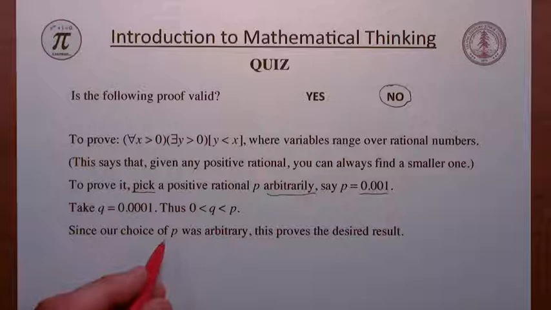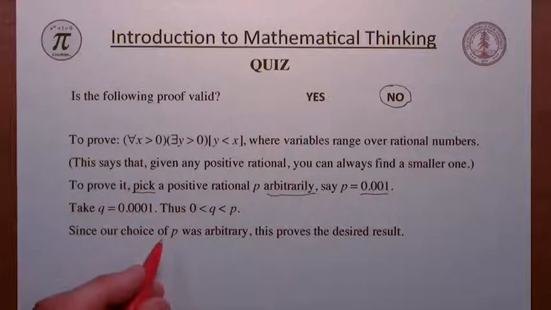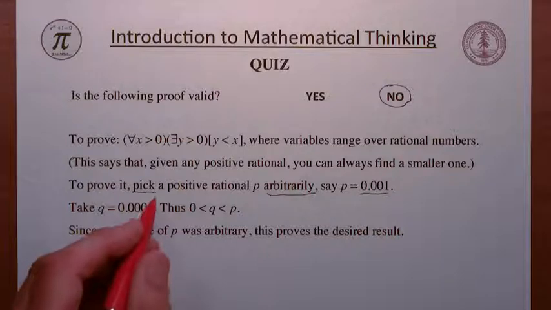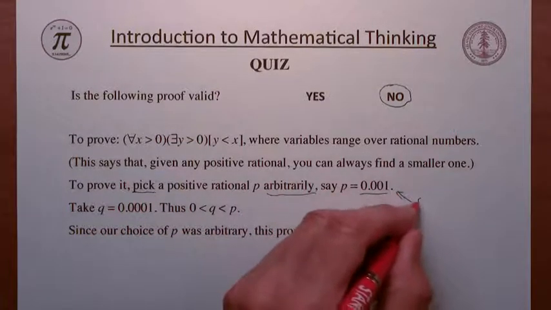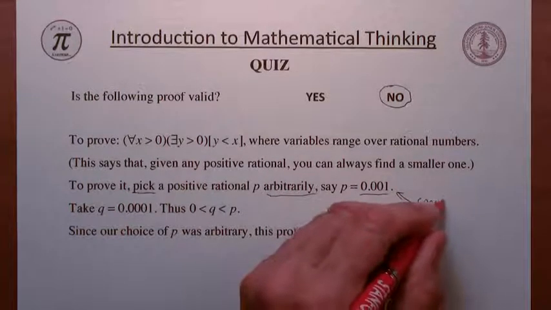It's a subtle point, I know, but it's an important point, so you really need to sort this one out. Letting p be arbitrary is not the same as picking in an arbitrary fashion a specific p. The point is that p is specific.